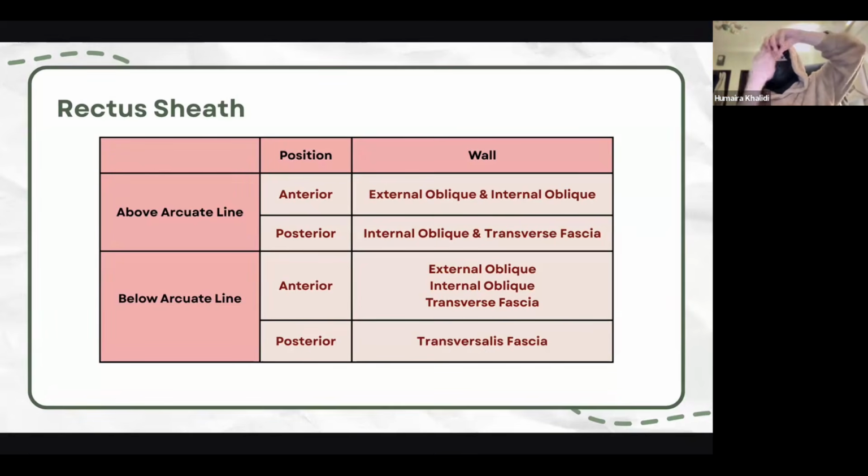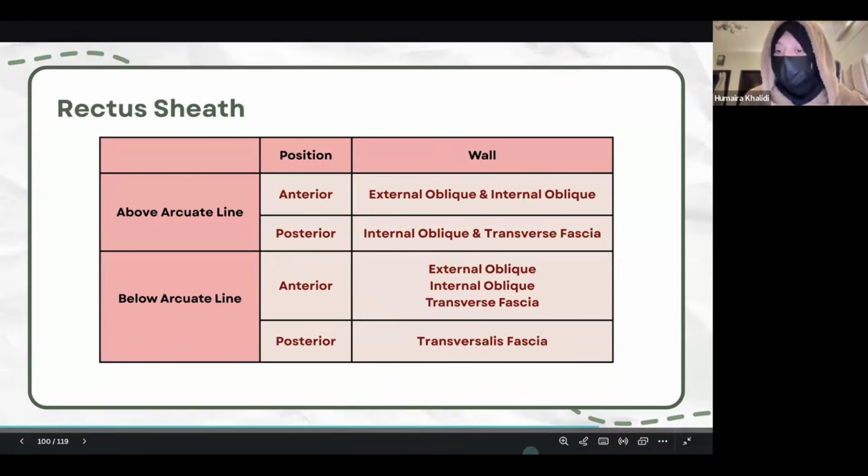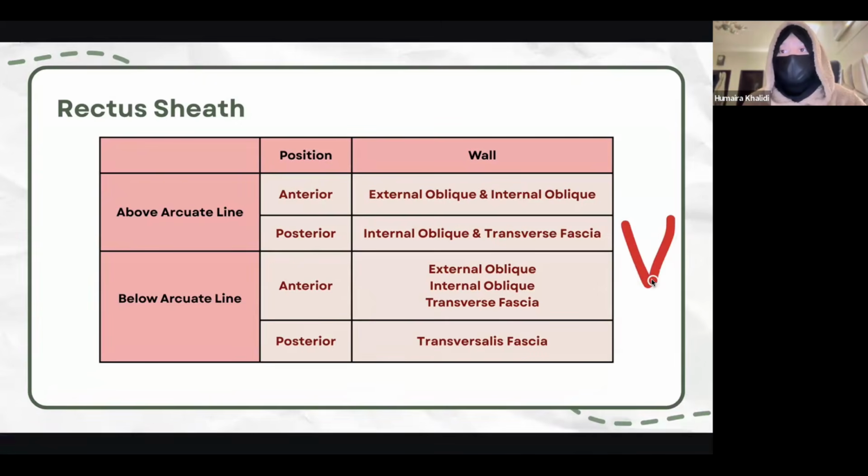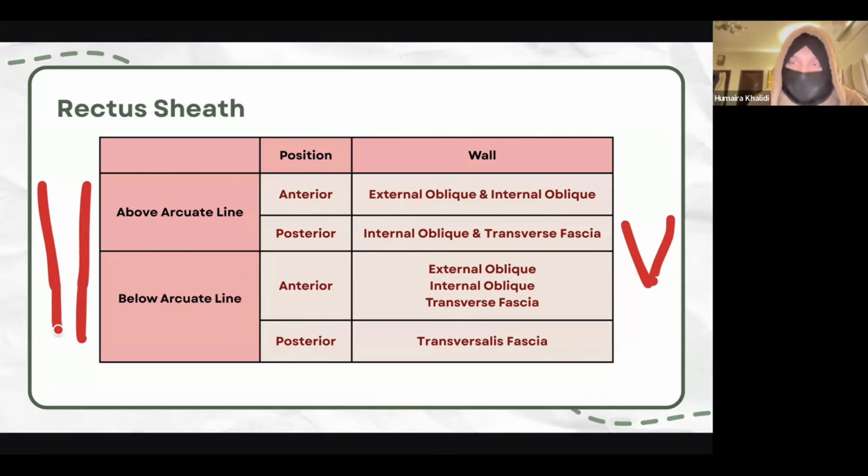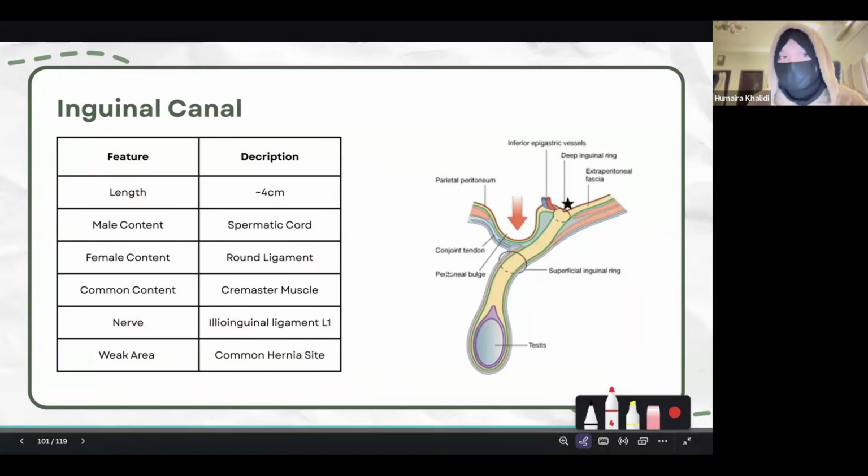Rather than forming a muscle connection like this, I'm going to draw this: they go down and they narrow down, but they never meet. They're like parallel lines. They keep going down, and this area forms the inguinal canal. This is the inguinal canal.